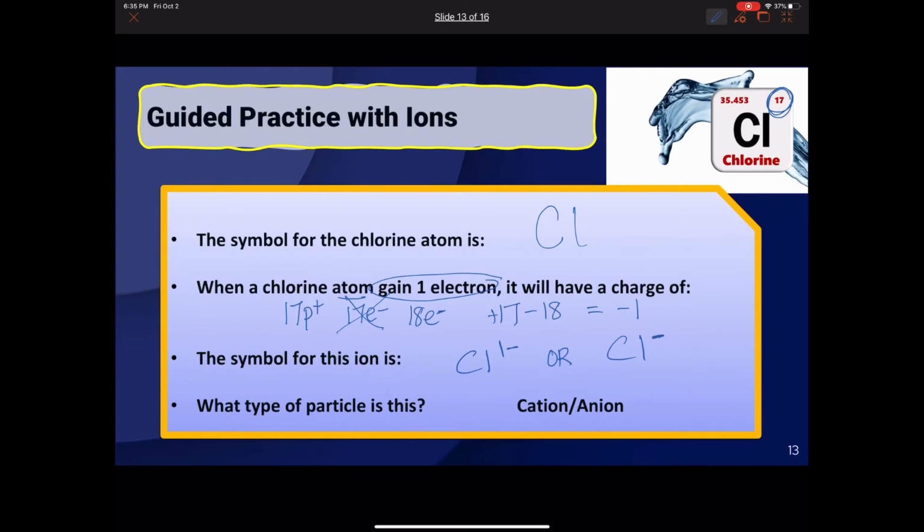Just understand that if you see a negative sign by itself or a positive sign by itself, you should assume that there's a 1 associated with that charge. So a minus would mean -1, or just a simple plus would mean +1. So because it's a negative ion, we would circle anion as our choice. Let's try another example.